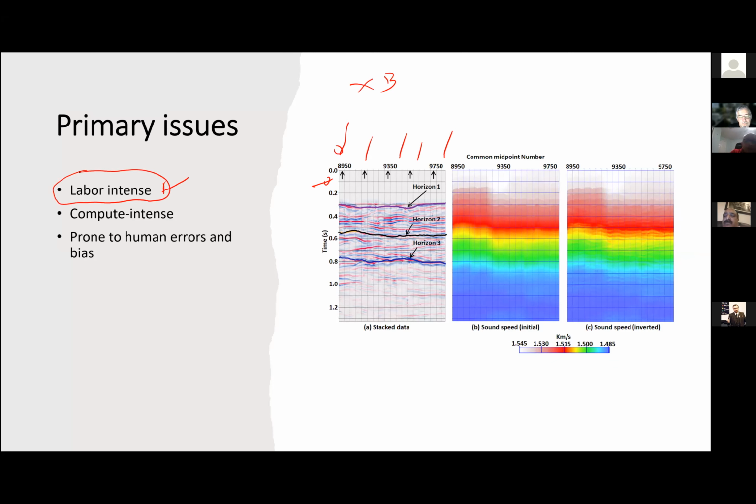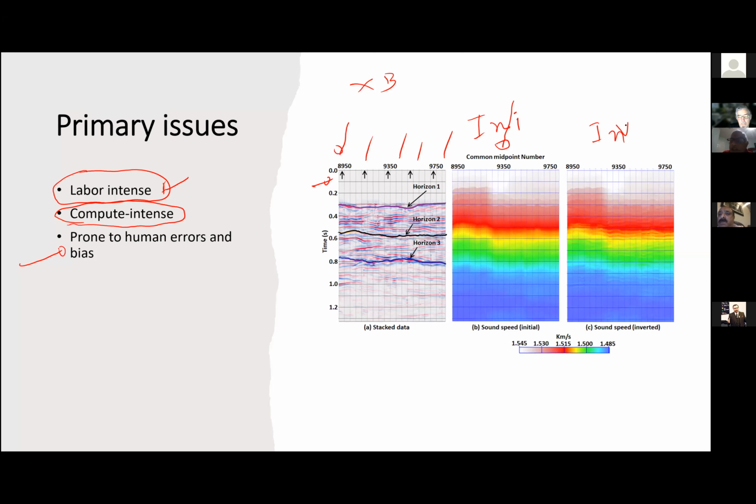Human labor is involved, and it is also compute intense. Computationally, it's not easy. Each of those runs can take several hours of compute time, and finally it is prone to human errors and bias. I wanted to show that because if you look at the initial model, this is initial, and this is the inverted model.